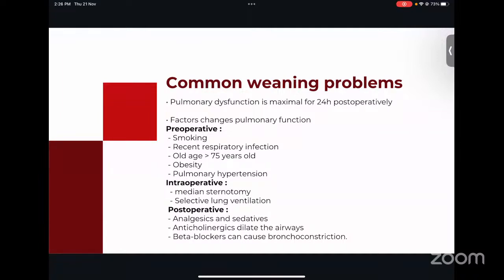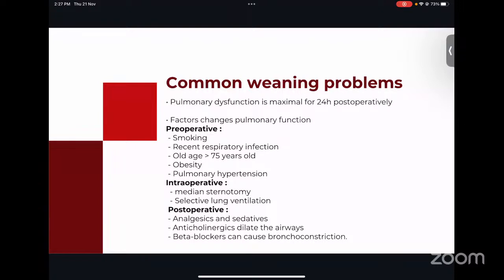Pulmonary dysfunction is one of the common weaning problems. It maximally occurs within 24 hours after extubation and normally improves within the first week following the surgery. Factors that change pulmonary function can be classified as preoperative, which include smoking, recent respiratory infection, old age more than 75 years, and obesity, which increases the risk of atelectasis postoperatively and pulmonary hypertension.